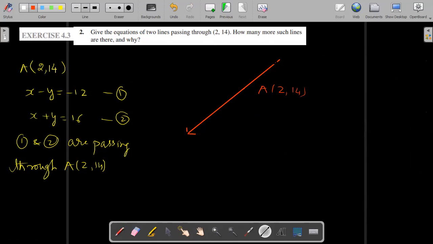Similarly, we can make another line passing through this point. We can make one more line, and one more line passing through this point.